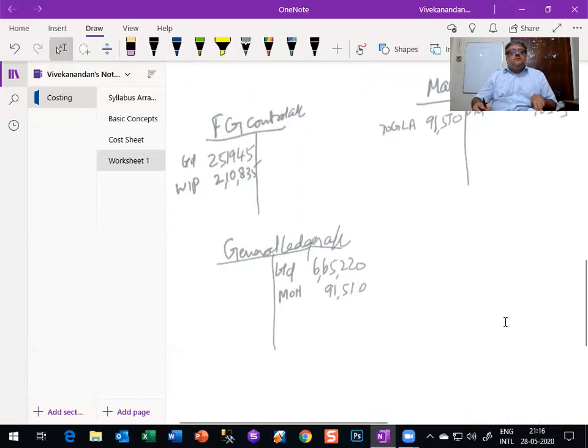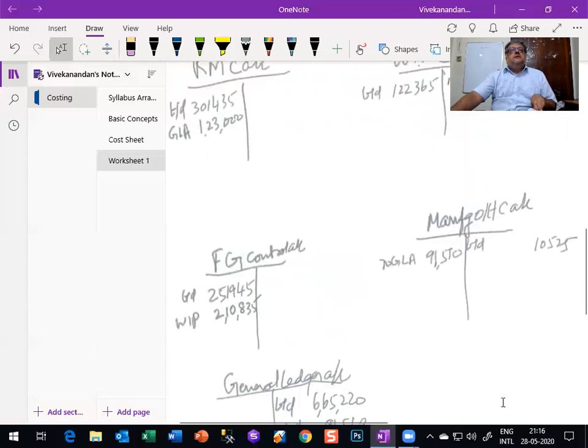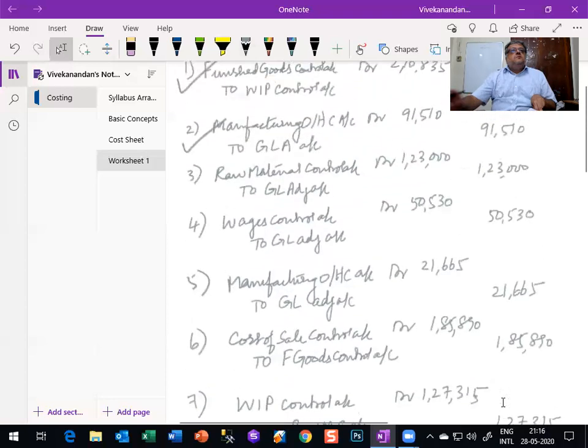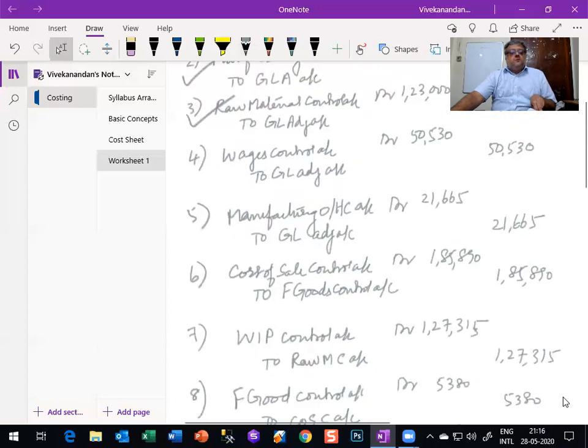General ledger adjustment account by raw material control account, 1,23,000. Right? So we have finished this journal. The next one is wages account debit to general ledger control account.